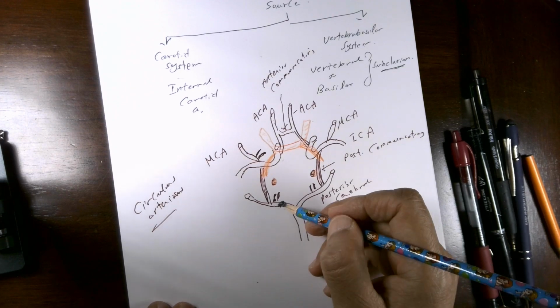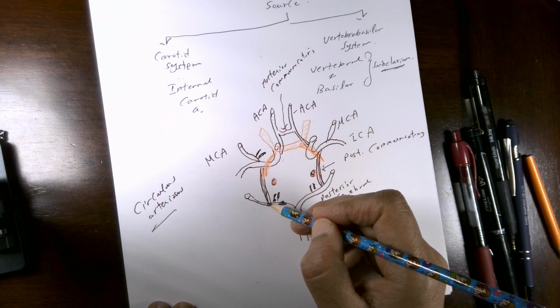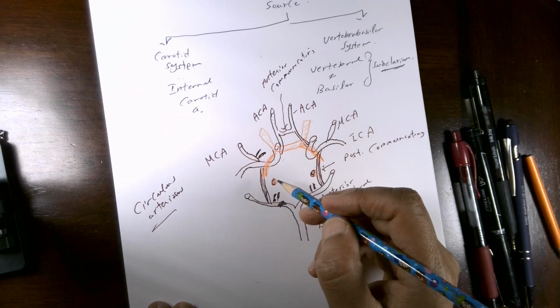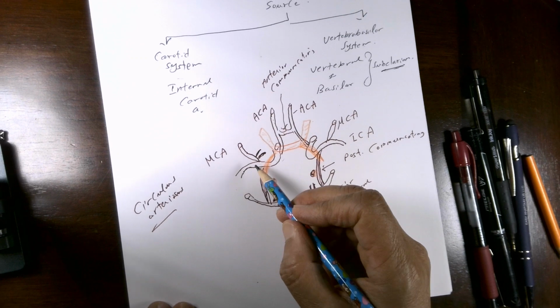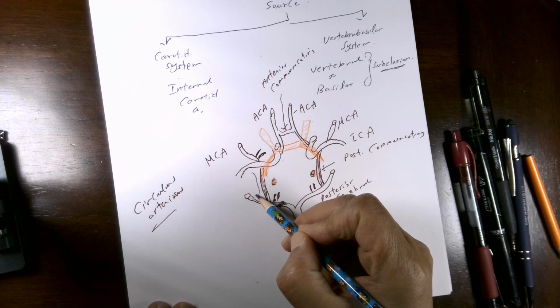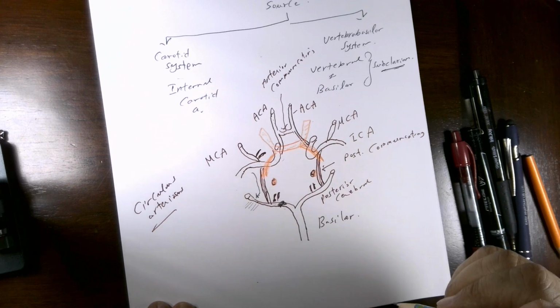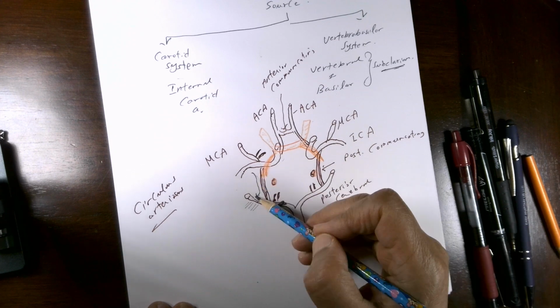So what would happen? It means that the blood pressure distal to this obstruction is going to be less. With the pressure gradient, the blood flow comes back and fills this distal part, and any branch coming from here is going to be refilled again by this pathway.